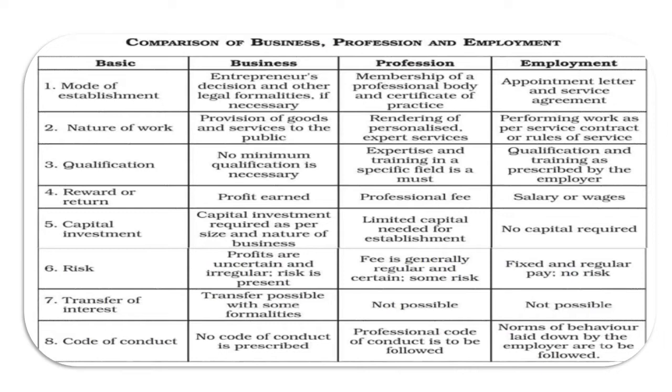But for a profession, you should have expertise and training in a specialized field. For employment also, particular qualification and training as prescribed by the employer. Then reward or return: for business the profit is the reward, for profession the professional fee is the reward, for employment salary or wages.